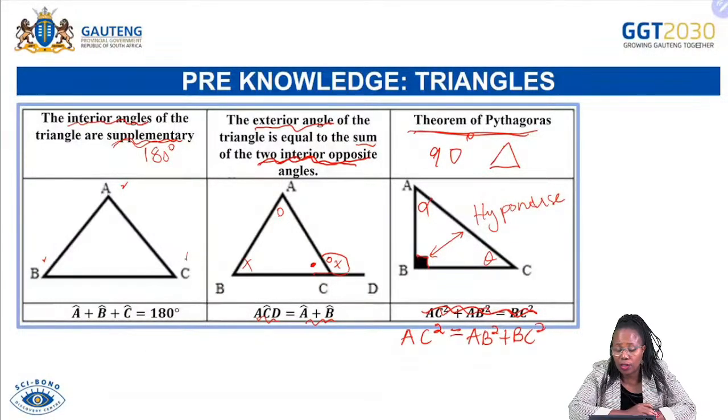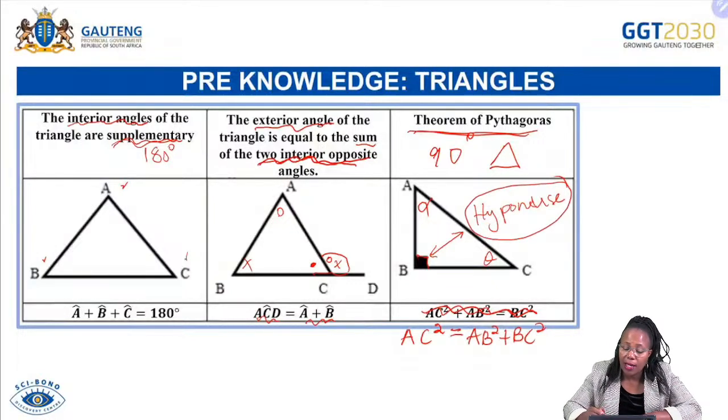You must start with the hypotenuse, which is AC squared is equal to the sum of the other two sides squared. Okay? That is the sum of AB squared plus the BC squared. But the main side is the hypotenuse side, which is your AC squared for this particular triangle.